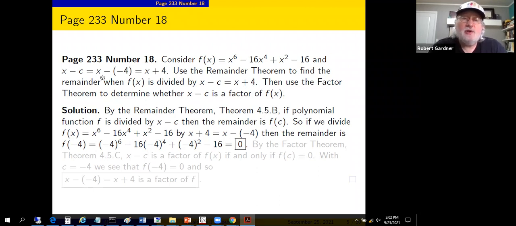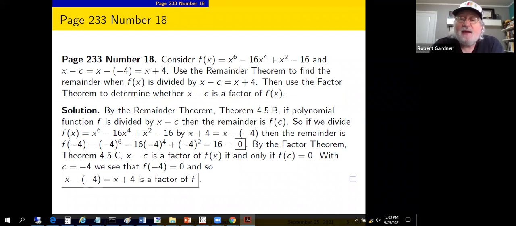That's why I've written it in terms of this up here, so you can more explicitly see the negative 4. So if we take f of x divided by x plus 4, the remainder will be f of negative 4. Plug the negative 4 into the function, do the arithmetic, double check it if you like, or trust me, the remainder, the value, is 0.